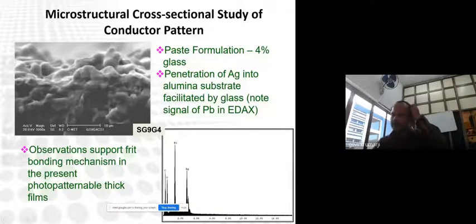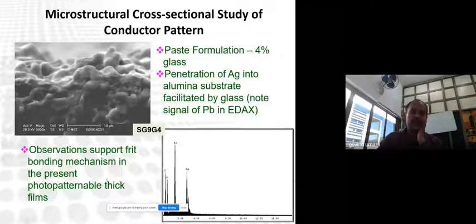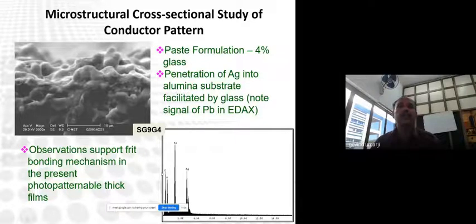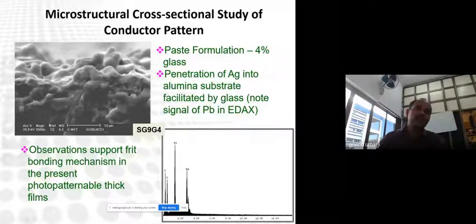The frit bonding mechanism is particularly a well-known phenomenon in classical thick film technology. So in this case also, that kind of mechanism is required, and we clearly show that there is a frit bonding mechanism. There is an interlocking between the silver and the substrate with the help of the glass binding.